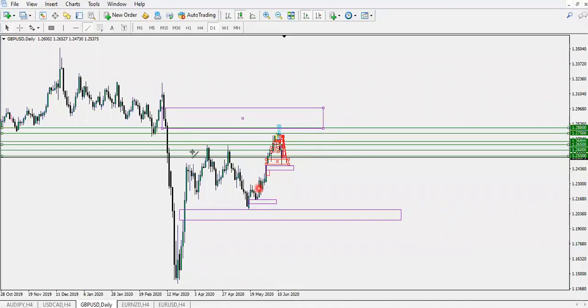Notice also over here there is a point of liquidity because that is equal highs, and stops are sitting there, retail stop losses, and institutions will come up to raid this area to give themselves liquidity and then sell. That is the kind of movement we are seeing over here.